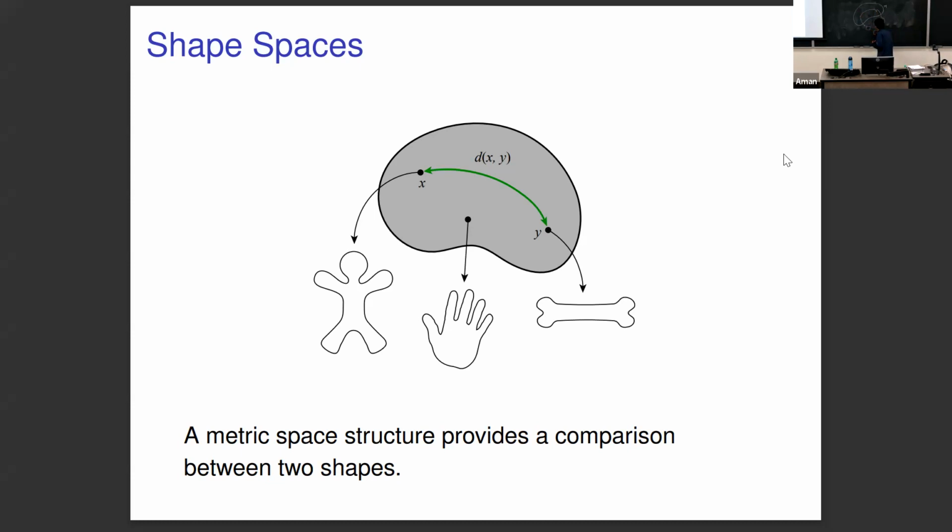This rounded square should be closer to the square than it is to a circle, which you can see intuitively. So similar shapes should be embedded close to each other, whereas very different shapes are far away from each other. And there is a smooth mapping from one shape to another where these shapes deform into each other. This is a continuous deformation from X to Y, where the shape goes from a square to become a circle.